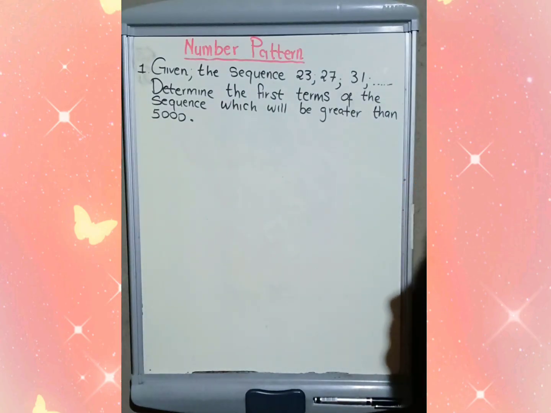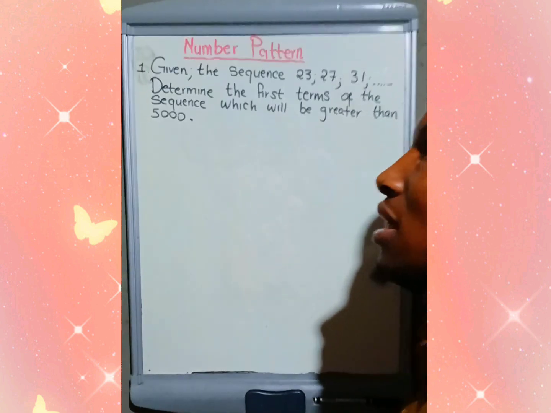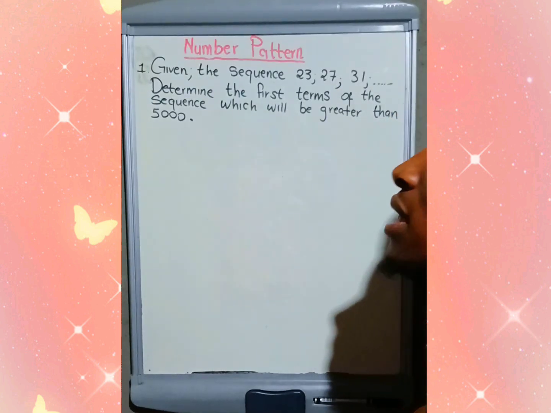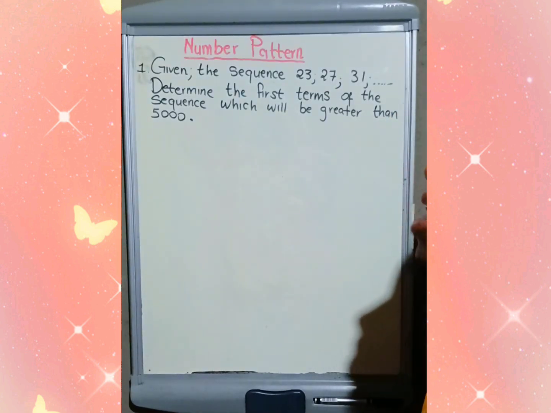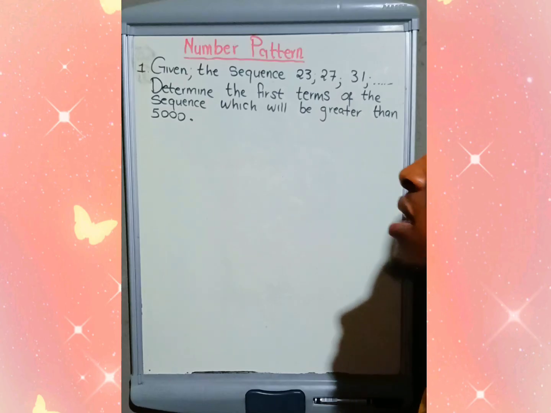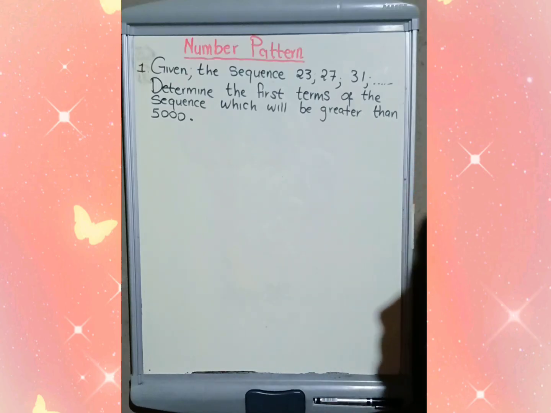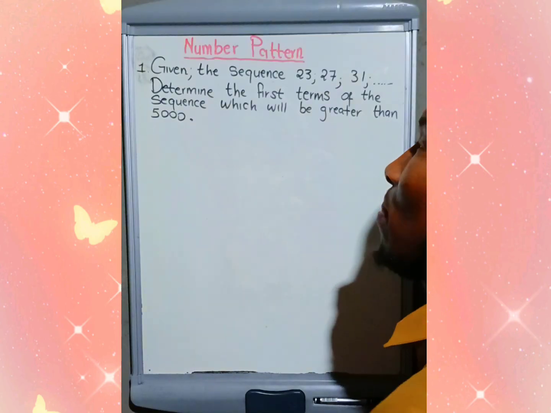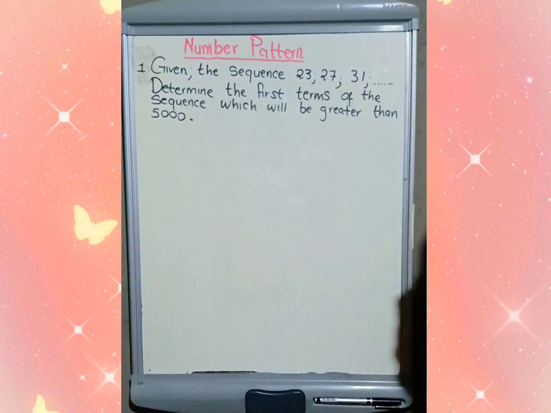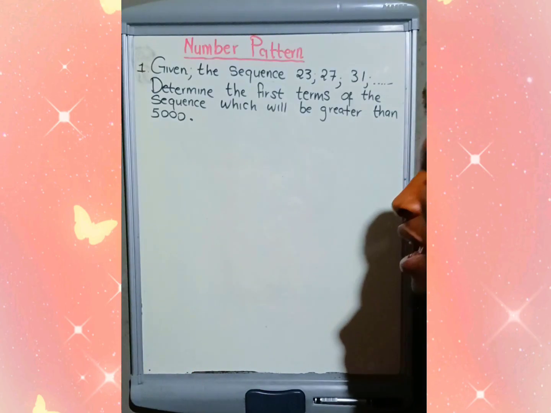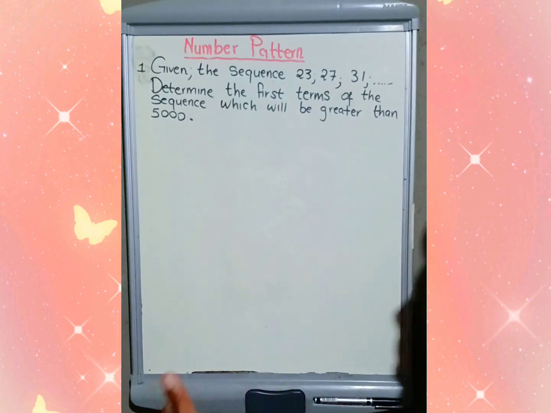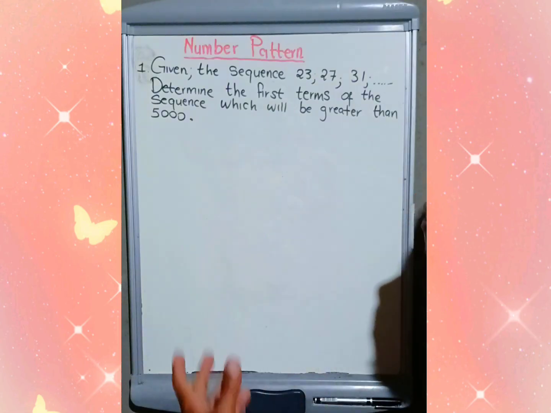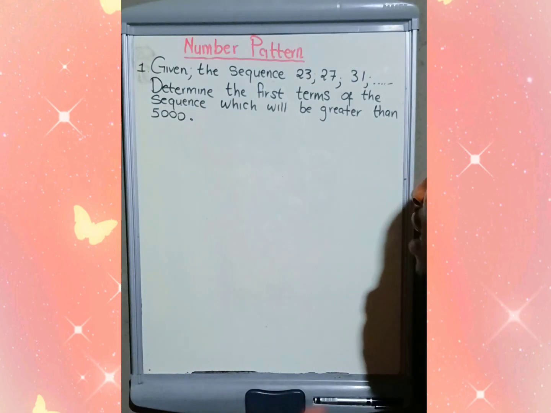We always get the common difference only if we have an arithmetic sequence. An arithmetic sequence is just the repetition of a common difference. A geometric sequence is just the repetition of a constant ratio.